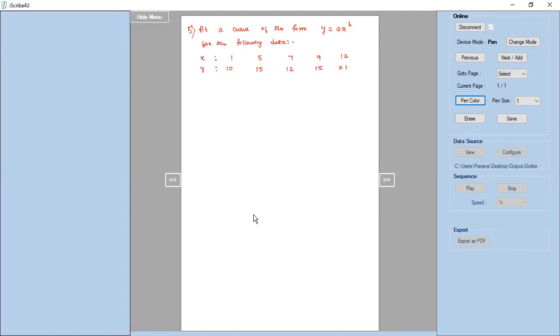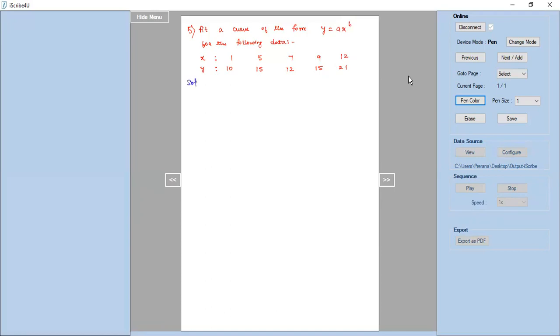Table summations are going to help us substitute into the normal equations and solve for A and B. Here we will be turning the constant small a to capital A by taking log a is equal to capital A. First we will have to consider the given curve and take log on both sides.